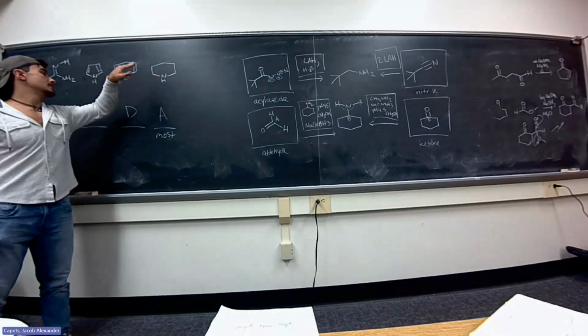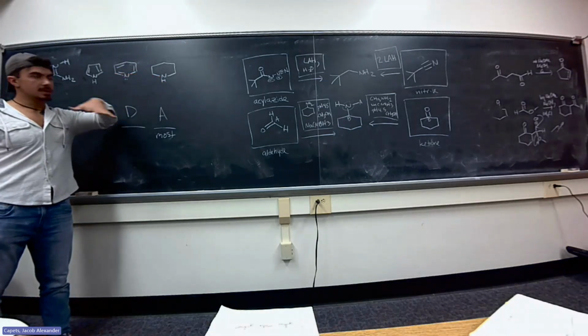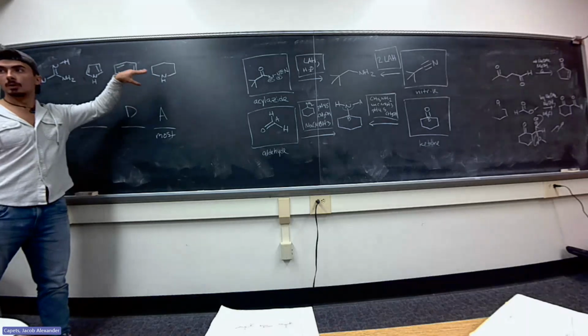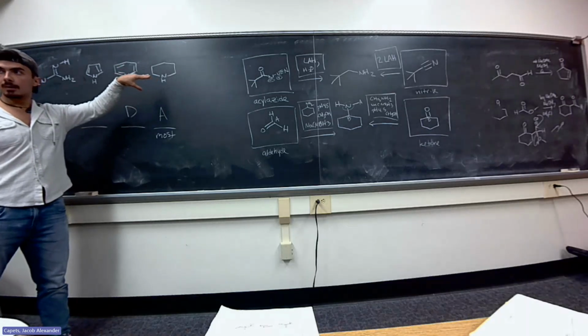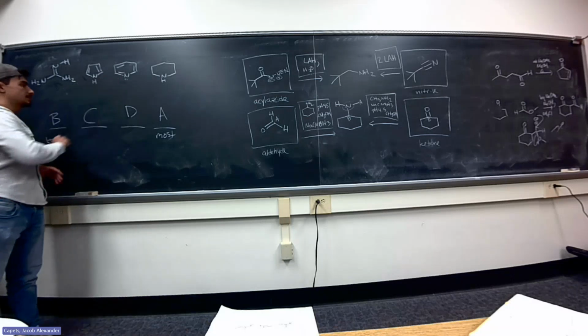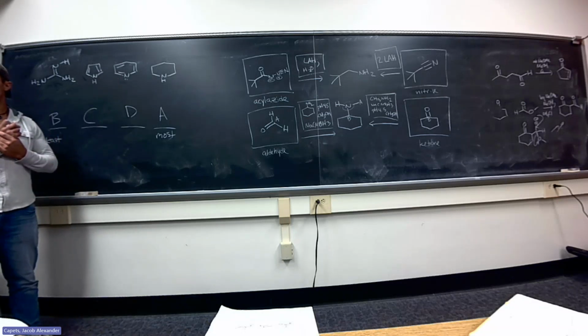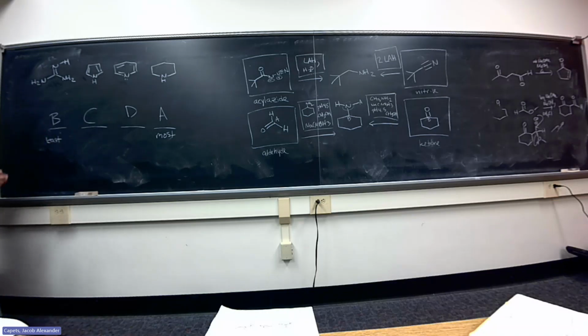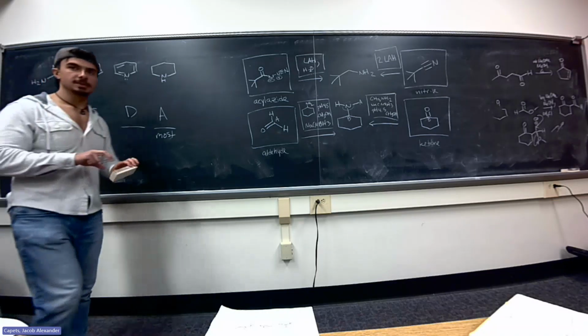D is an amine, basic, pKa around 9, and it has an sp3 lone pair, as compared to C, which has an sp2 lone pair. The electrons are closer to the nucleus.